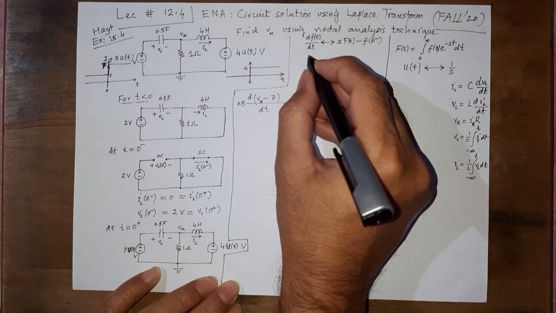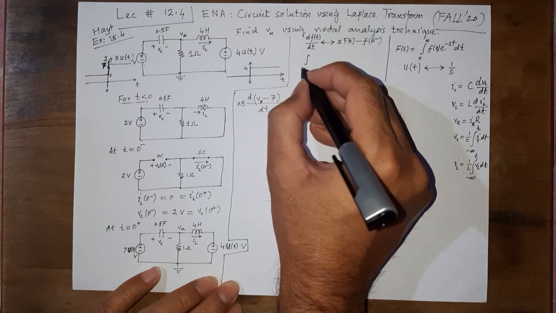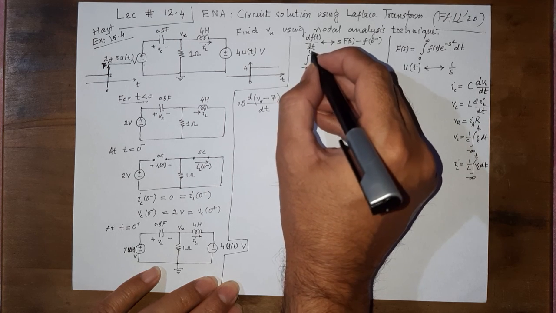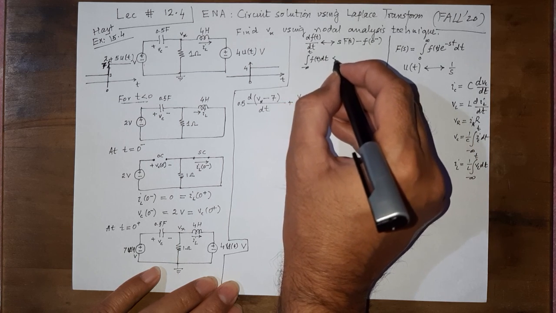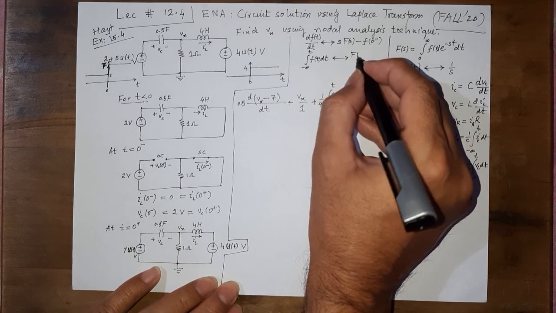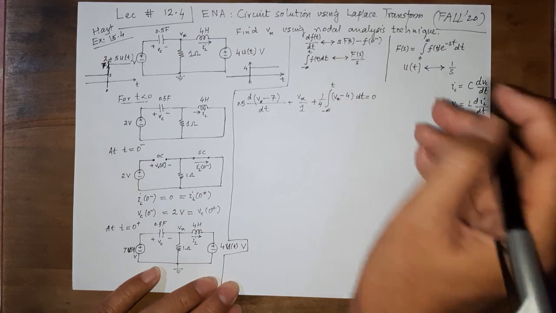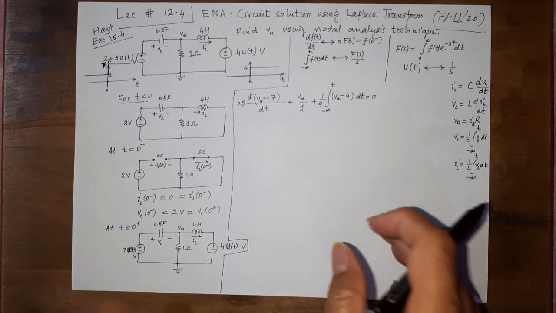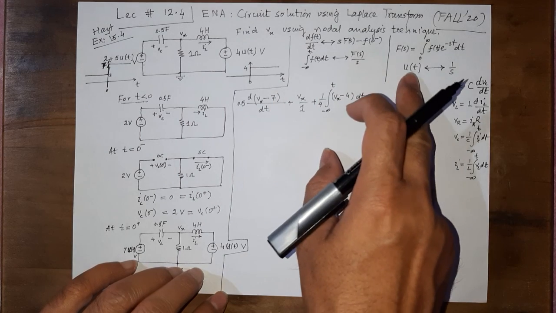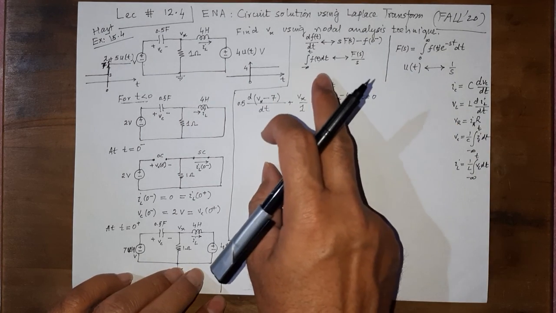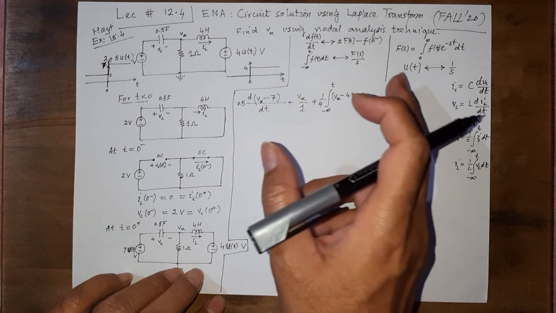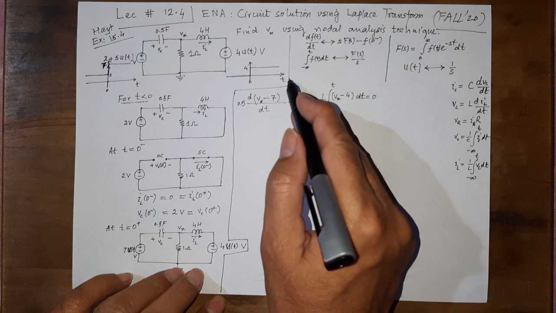And the other thing is the integral of a function has a Laplace transform of F of s over s. You should remember some of the functional transforms as well as the transform pairs. That will come in handy. However, in any case, the tables are given, so you don't need to cram anything.